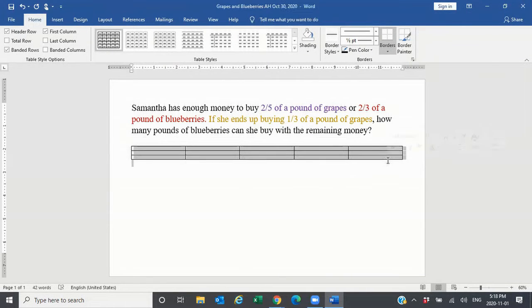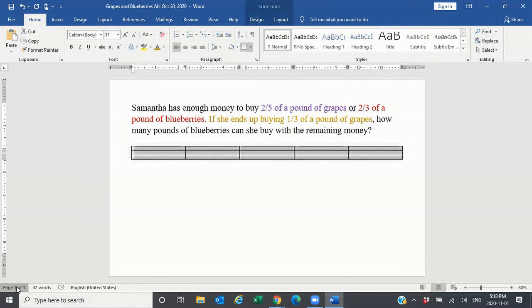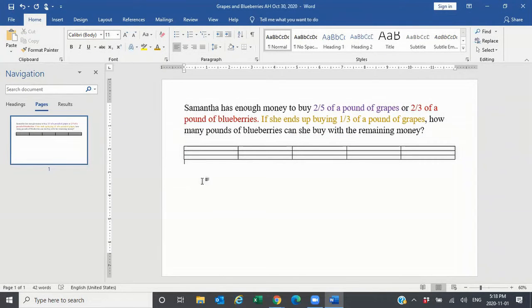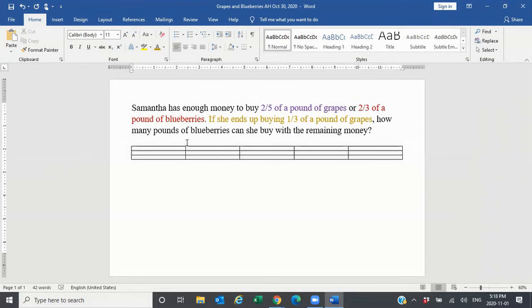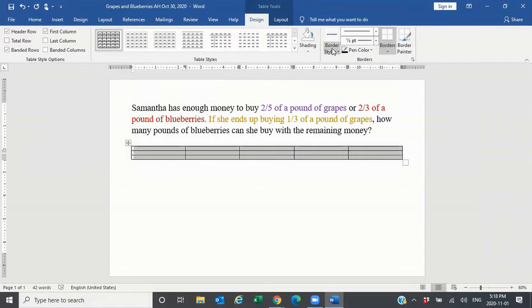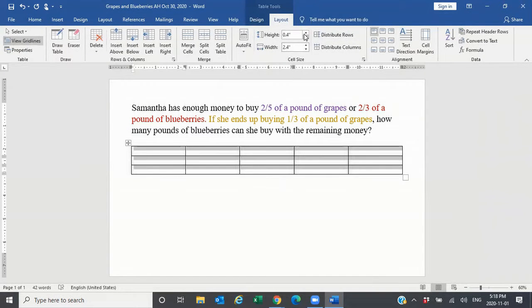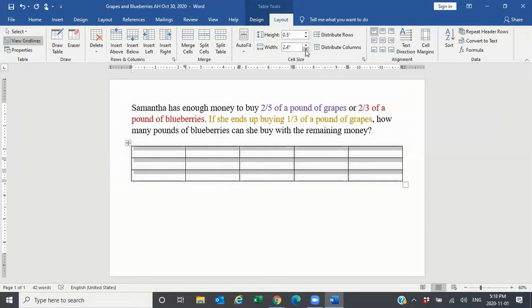There we go. A few technical difficulties there. That's okay. Let's make the table a bit better looking.